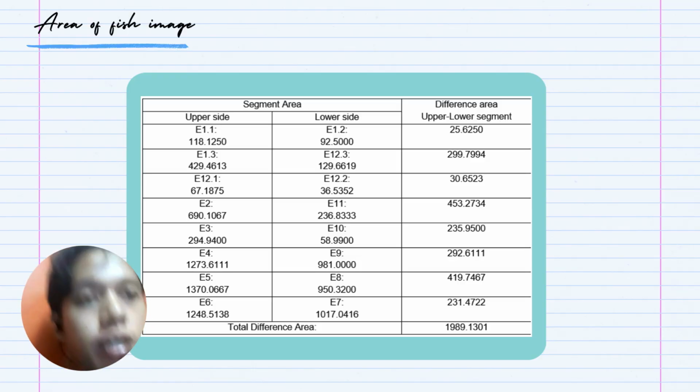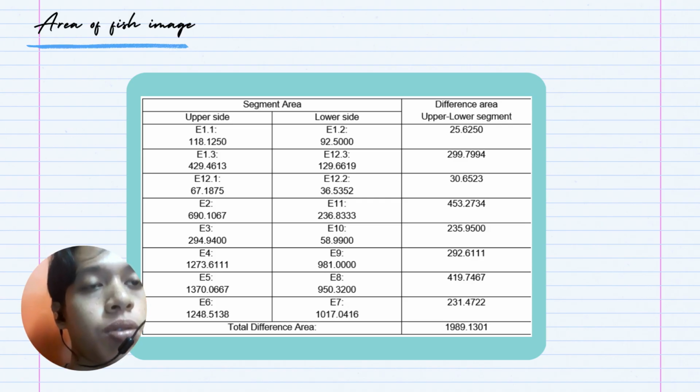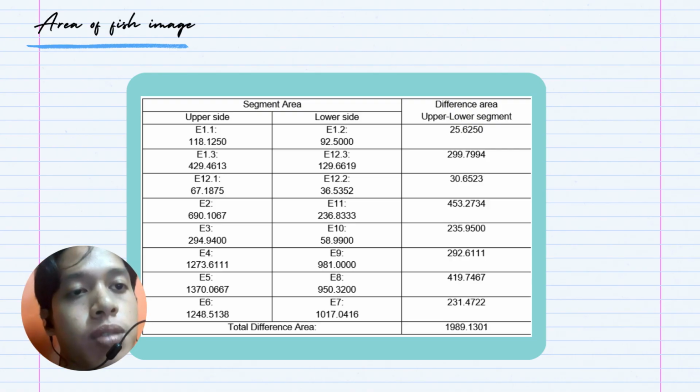This is the total area that we got from each segment that we have calculated, and we show which segment is to be subtracted with it, which segment to get the area of the part that we are calculating.